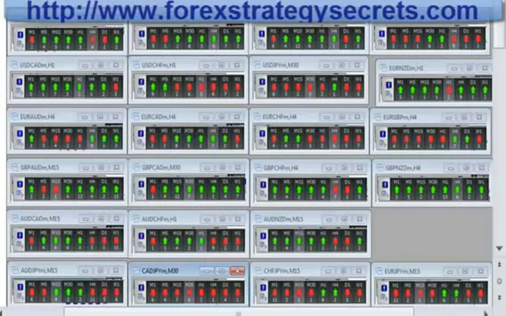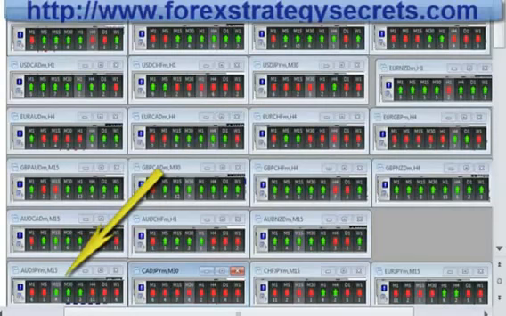That's an indication to me that that particular pair is strong in whichever direction it's going. And then I'll start looking for the next smaller time frame and see if it's about ready to turn, or what it's doing for possible entries on a smaller time frame.